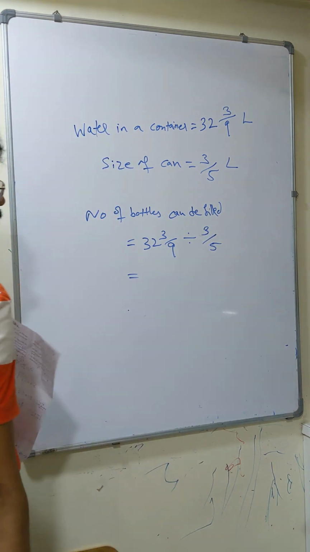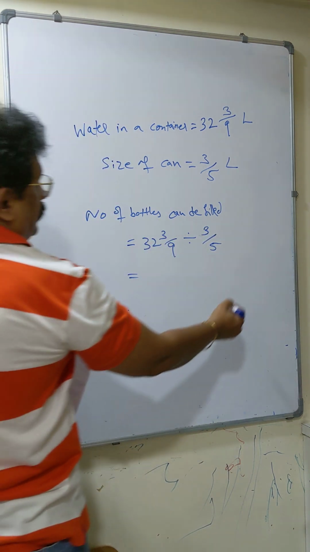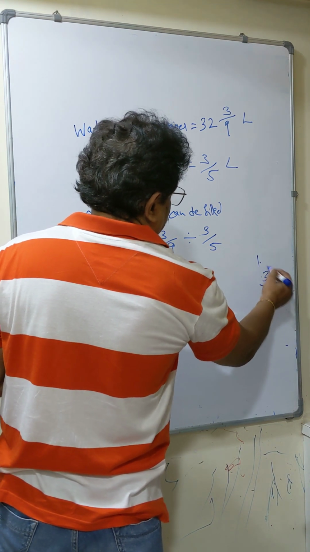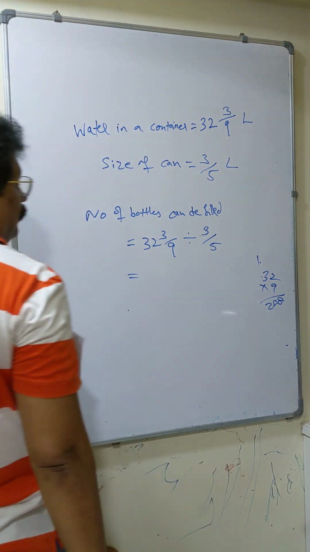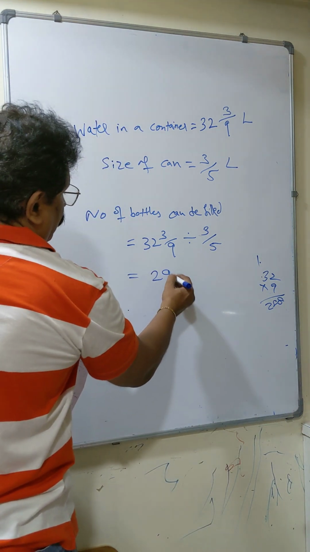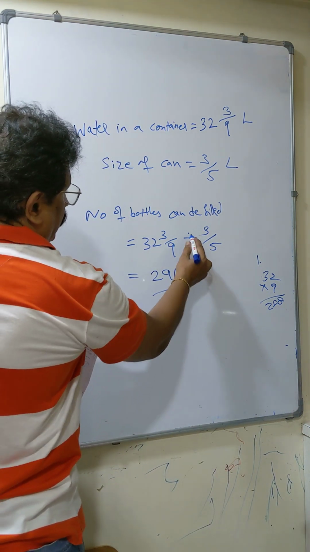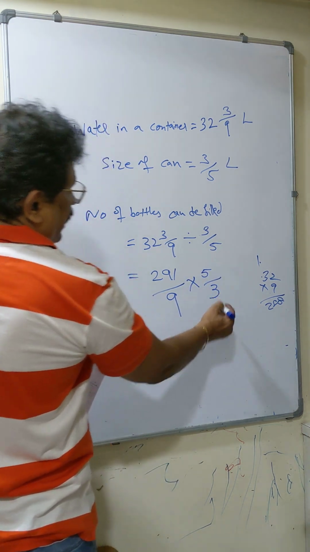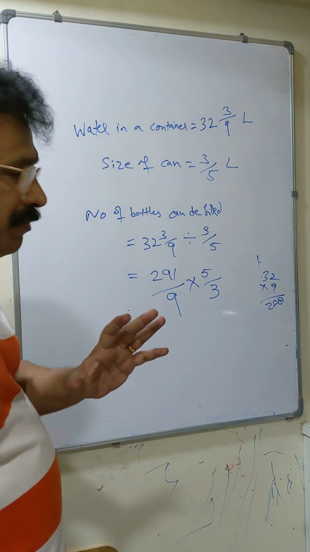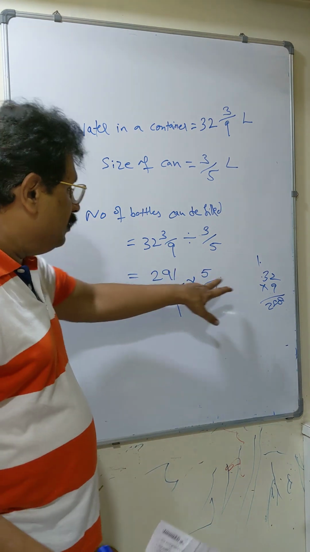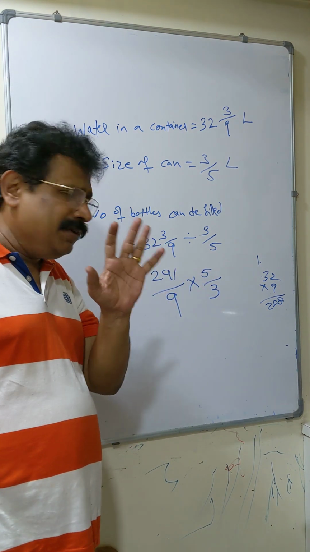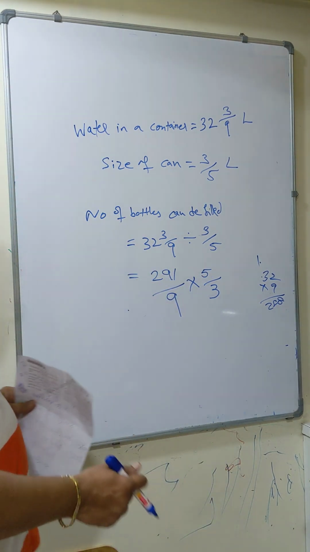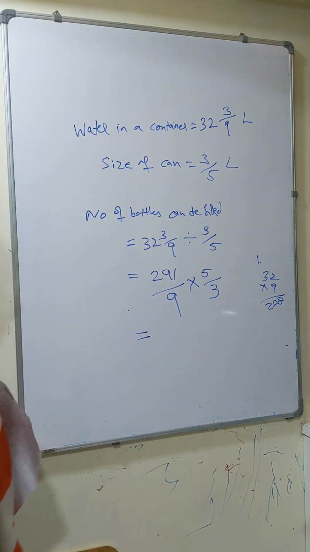That is equal to, converting improper to proper, 32 multiplied by 9, 9 twos are 18, 9 threes are 27, 288, 291/9, divided we change to multiply, so 5/3. In examination generally you will get sums where this will get cut and you will get a small number as answer. That is what I have seen in my experience. But here they have complicated it a little. Just don't bother, we can solve this also.